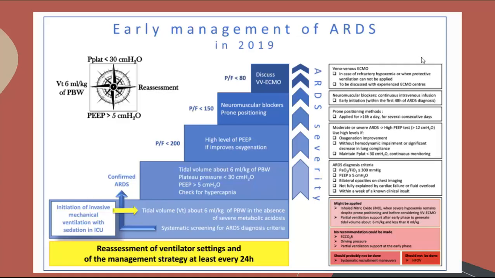And this is just a summary of the treatment of ARDS by ratio: what you start with, the mechanical ventilator strategy, then high PEEP, neuromuscular agents, and ECMO, and the criteria for diagnosis. Okay, any questions?